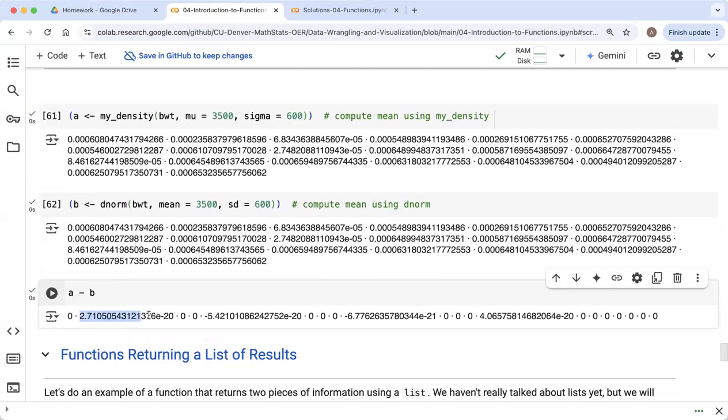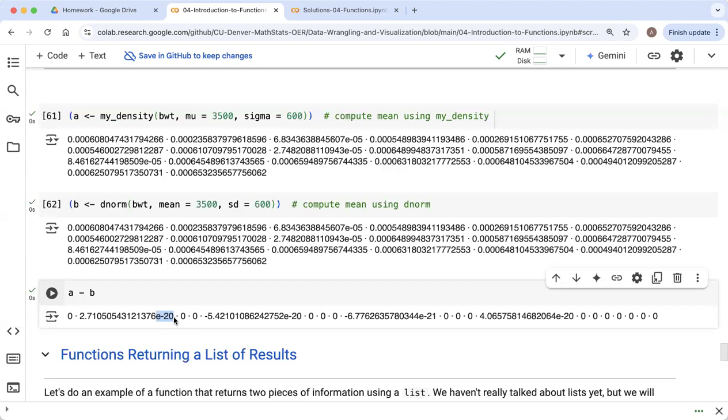Seems like, oh man, we're getting things that aren't zero. But if you look at this, this is a value, and this is e to the minus 20th. So this is scientific notation, times 10 to the minus 20. So this is like 0.0000000000000000271, blah, blah, blah, right?